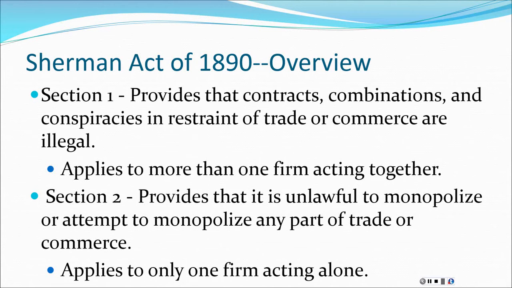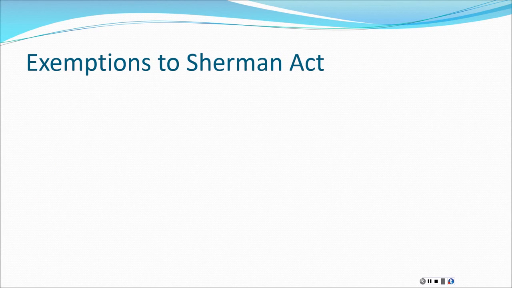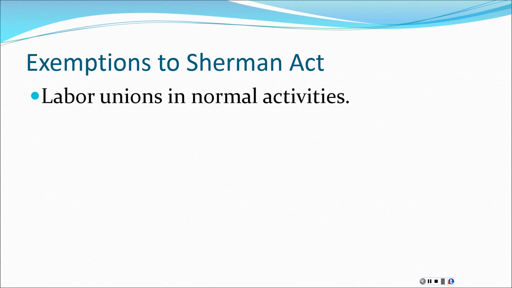Now, these two provisions in the Sherman Act have generated an extraordinarily large amount of litigation over the years, in large part because the prosecution can be from the government and also from private rights of action where the injured parties sue. There are certain exceptions to the Sherman Act.